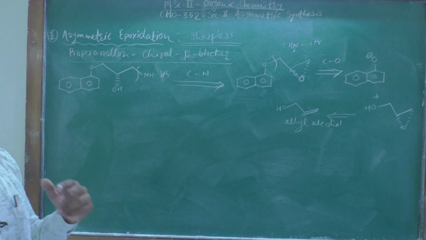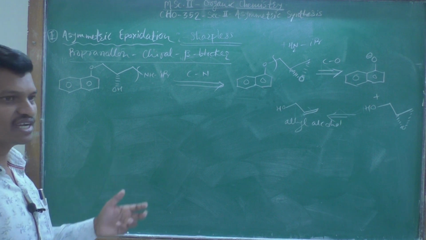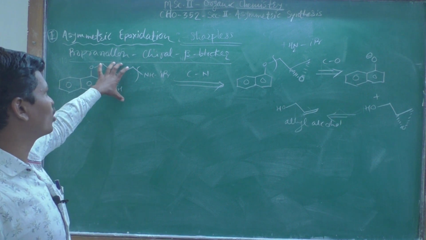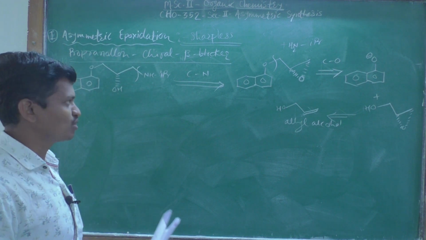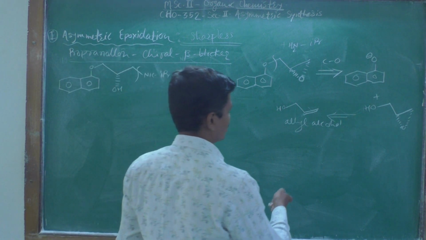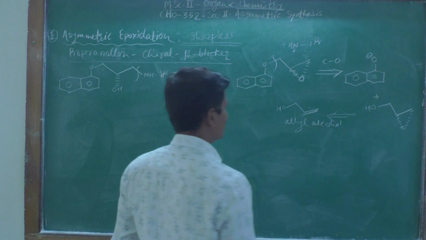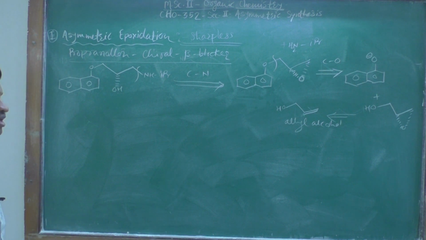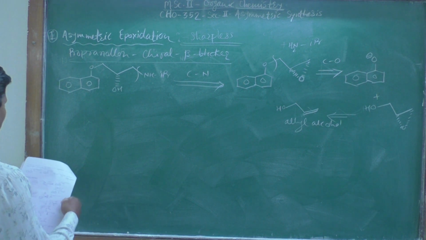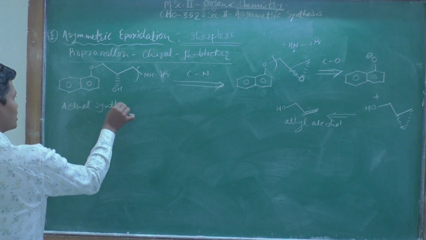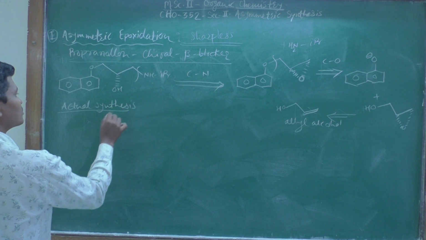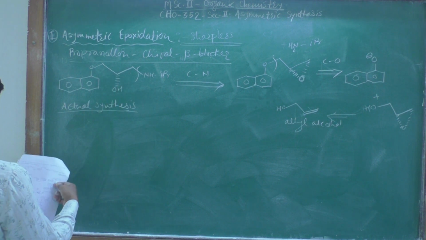So Sharpless has succeeded in making this molecule, that is propranolol, by using his own strategy, known as Sharpless asymmetric epoxidation. But instead of directly starting with this allyl alcohol, he started his reaction with a silylated carbon on the carbon-carbon double bond, and that's why the actual synthesis done by Sharpless is like this.